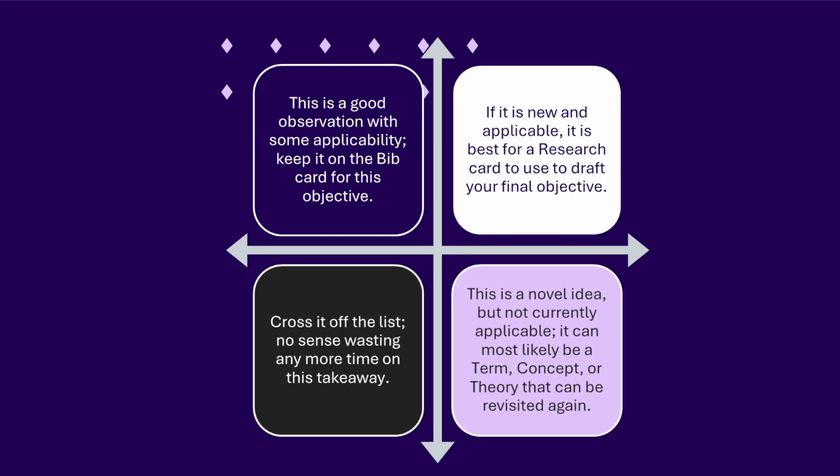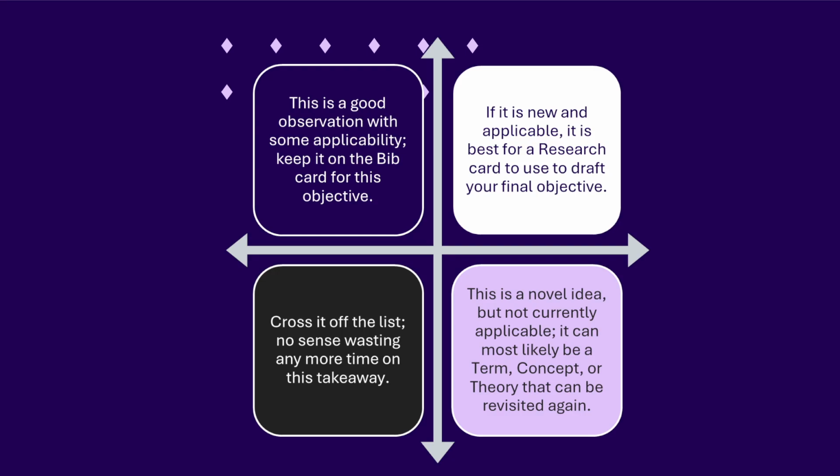But is that enough? Is just having it on the bib card and then trying to remember that, okay, Zhang talked about it, is that what I want to do with this definition of ethical leadership? Not so sure. Then we have, this is a novel idea, but not currently applicable. It can most likely be a term, concept, or theory that can be revisited again.